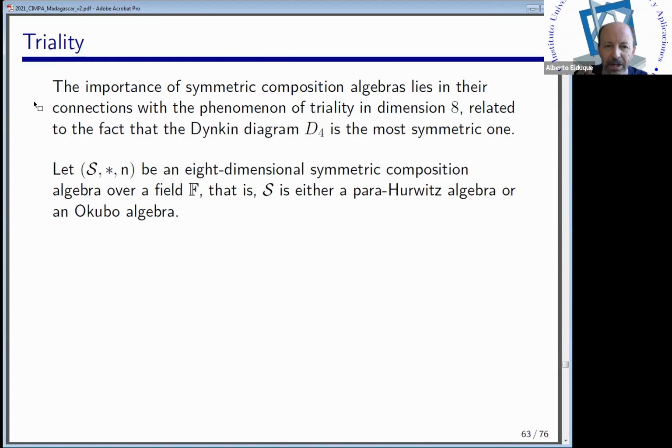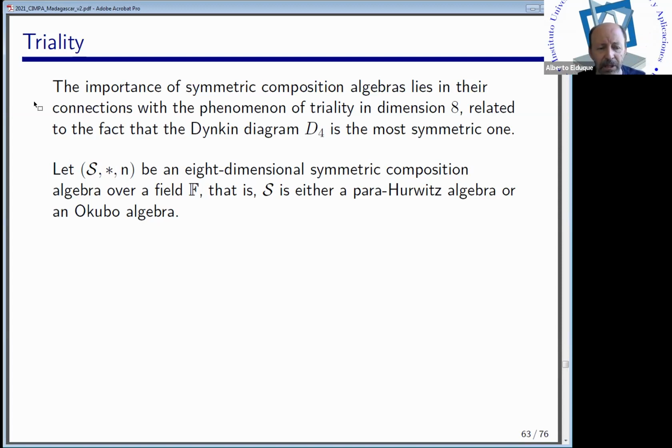One type related to the exceptional Lie group G2, and another type related to the Lie group of type A2, in characteristic different from 3. If the characteristic is 3, the group that appears is not A2. Still, we have a triality related to G2, and another one related to an 8-dimensional subgroup of G2. So there was something strange in characteristic 3 that was already discovered from a geometric point of view.